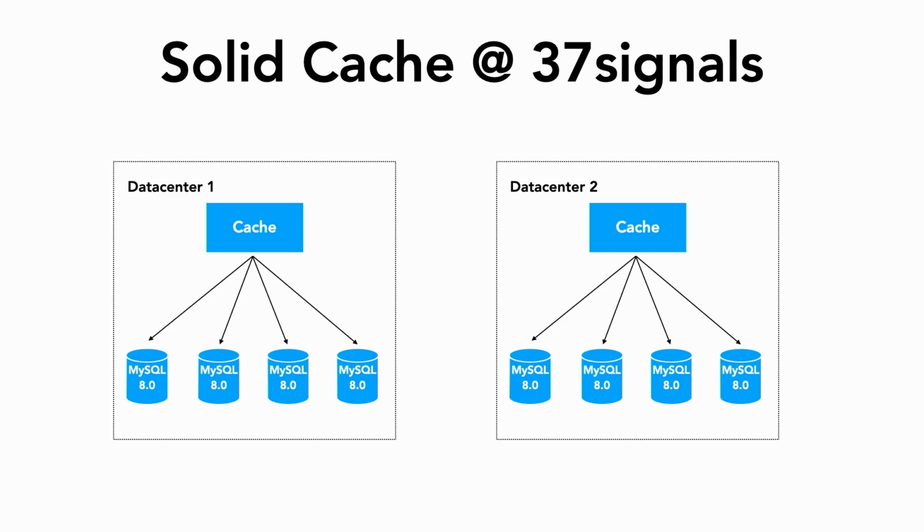So we run it out of 2 data centers in an active setup. And in each of those at the moment, we're running with 4 MySQL 8 databases. That's specifically for our cache. So these are dedicated to the cache, and the key space is sharded across those databases.